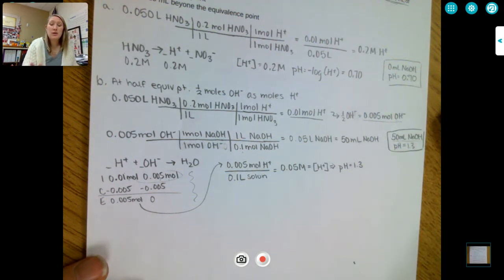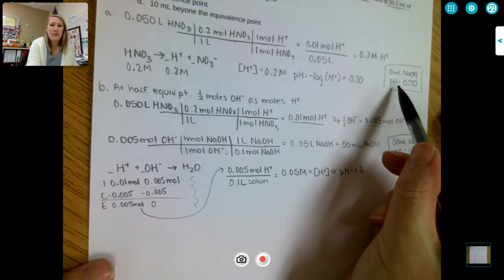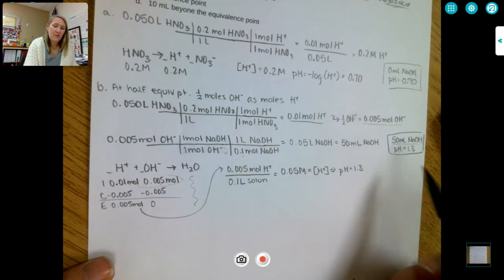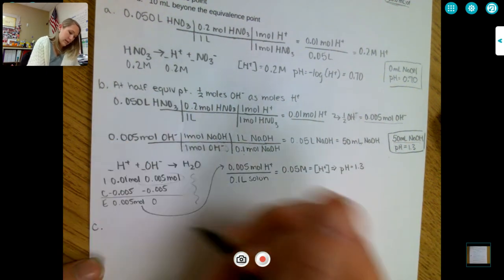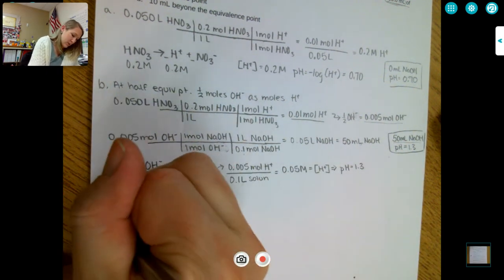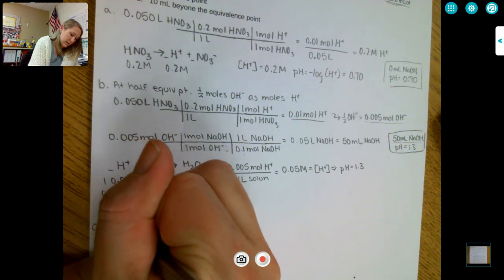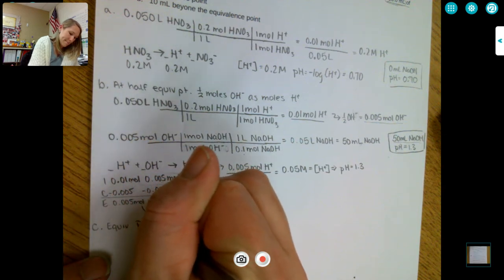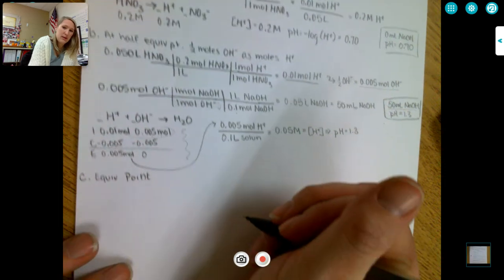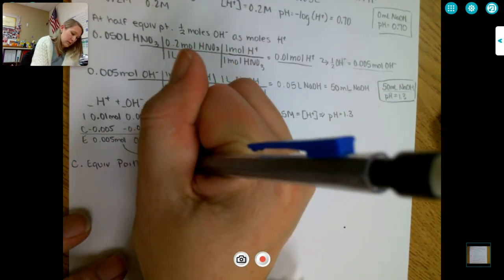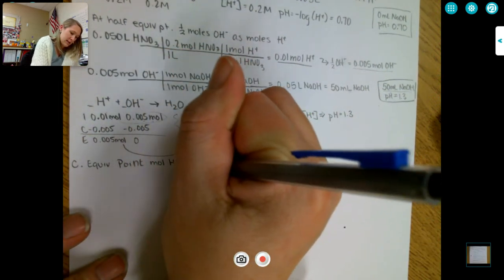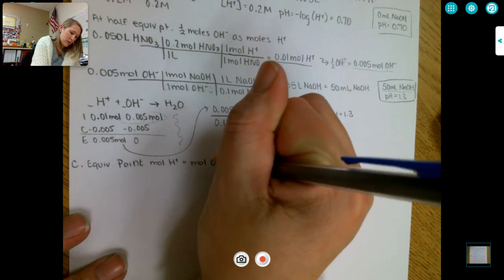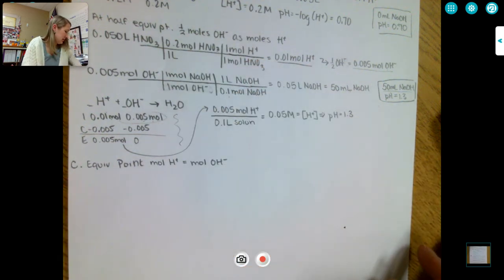All right, so I have my 2 points now. I have at the very beginning, I have at the half equivalence point. Letter C is now at the equivalence point. And at our equivalence point, our moles of hydrogen ions equals our moles of hydroxide ions.